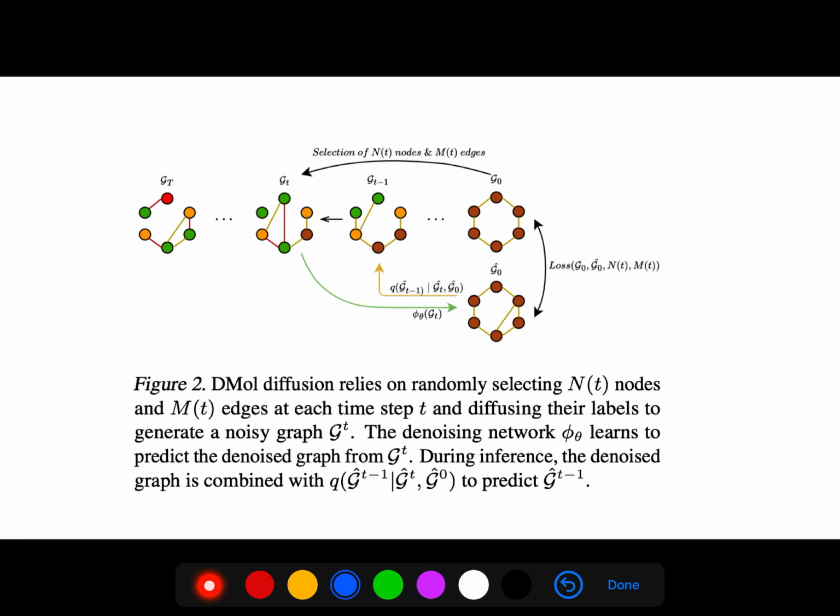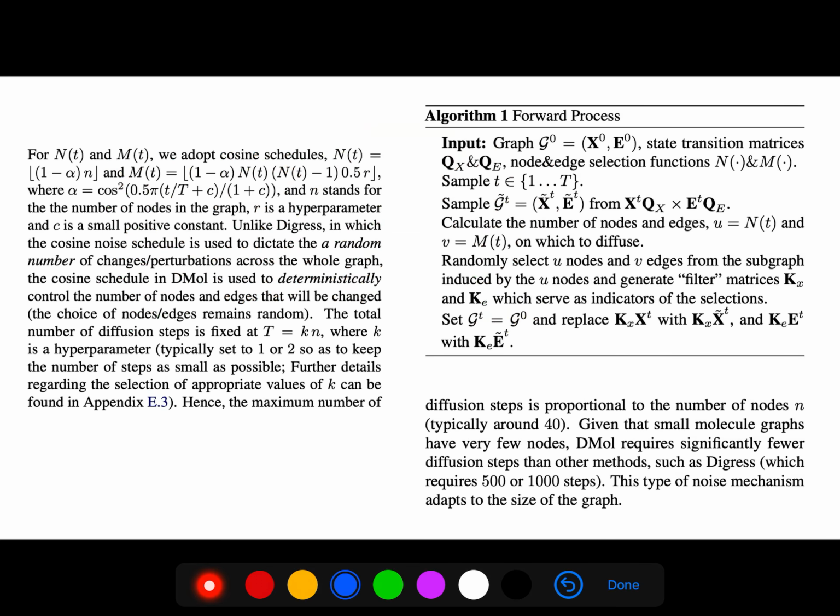But the DMol idea is that diffusion relies on randomly selecting n nodes and m edges at each time step and diffusing their labels to generate a noisy graph. So here we select only n nodes and m edges. This is the forward process.